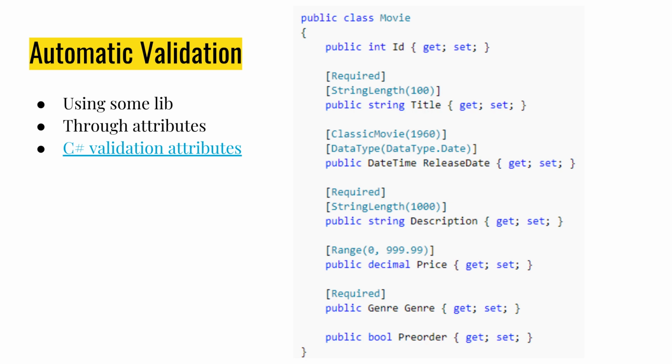You can have an attribute for a required property, for property length, for range, and so on and so forth. There are various attributes that you have in C#, and you can see a full list in the link down below.